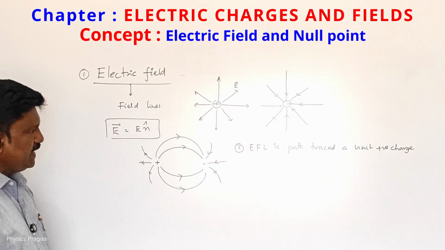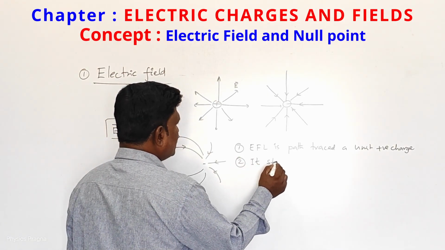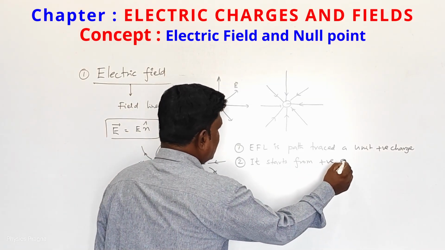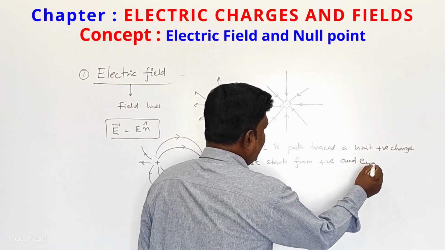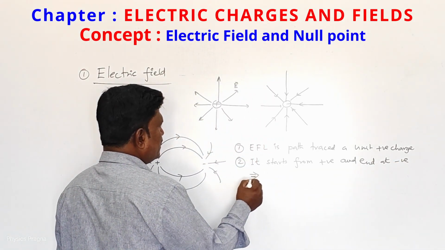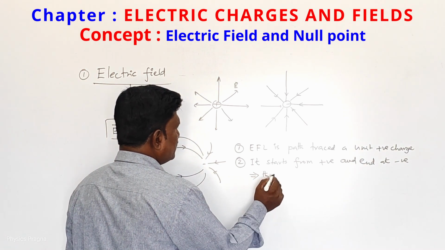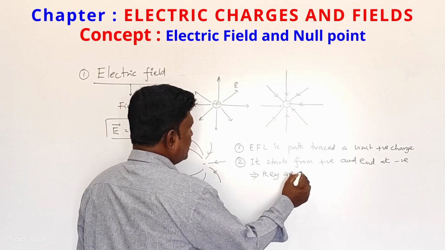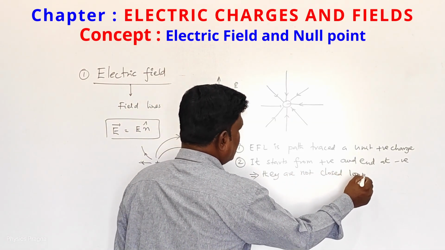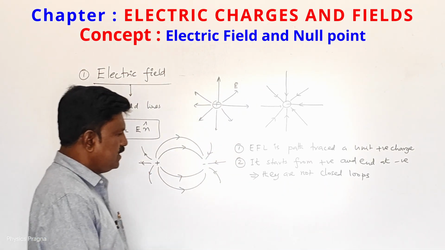That is one property. The next property is that they start from positive and end at negative. They are not closed loops. They start at positive, they end at negative.